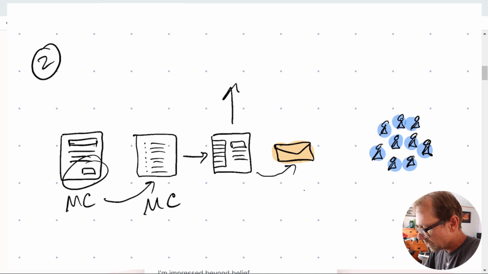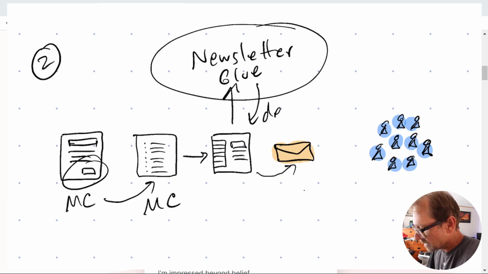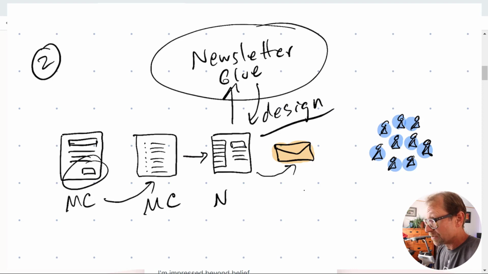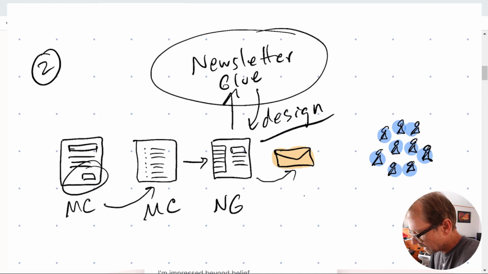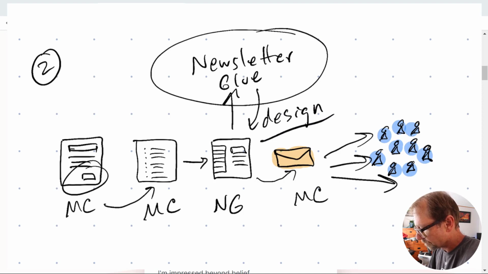And the name of this plugin is Newsletter Glue. That gives you the design ability to make your newsletter look exactly like your blog post or like your website. And if we say that this process is being operated by Newsletter Glue, then we use Mailchimp for the sending portion. So that's a second way.